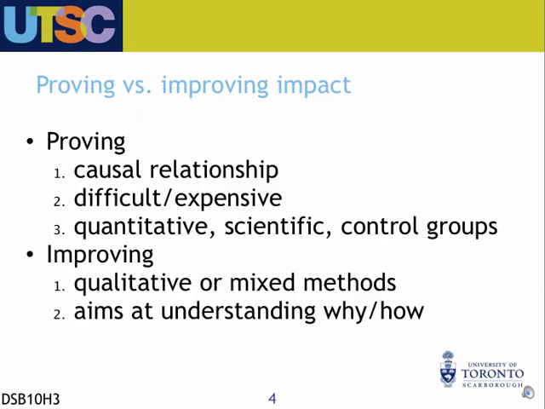Maybe you're following someone around for the whole day to see how they're living. It could be a number of different ways, but typically you'll be happy with a much smaller sample because you're not trying to prove something scientifically, but you're trying to get a very deep understanding of how someone relates to this technology and how this technology fits in with their entire life or with the community, for example, in that village.